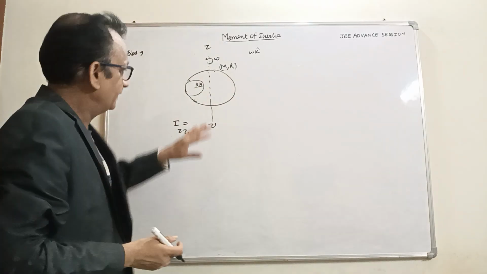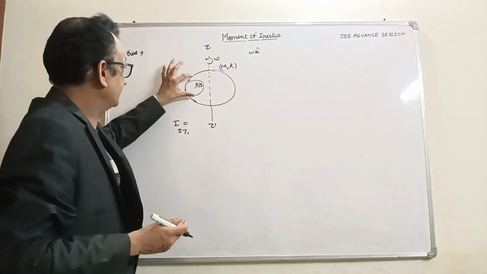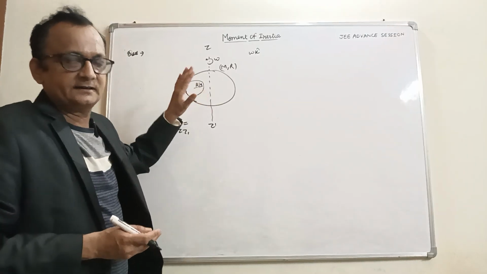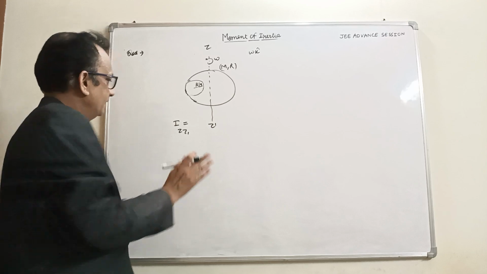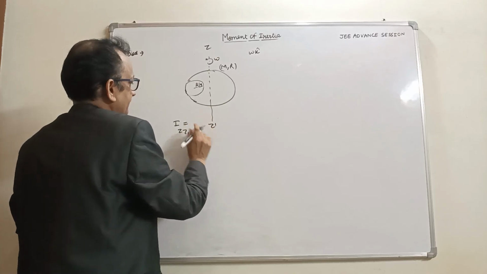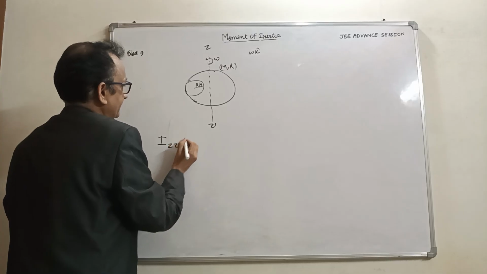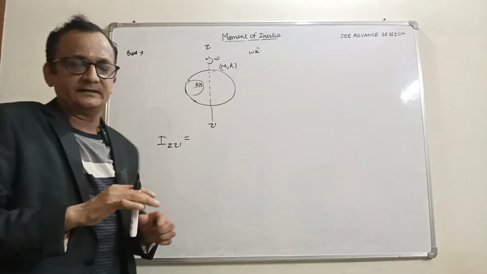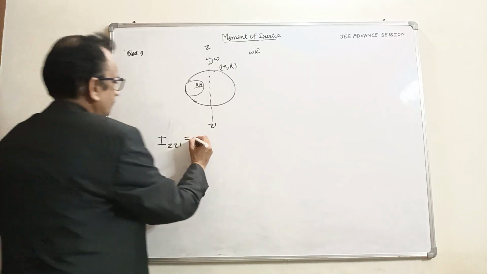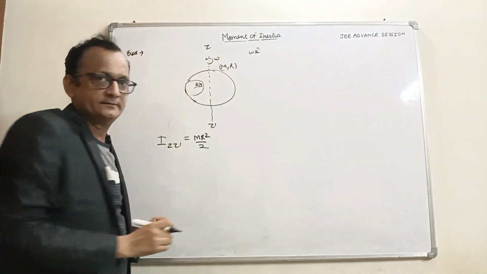When the cavity is not made, we have to write the total moment of inertia. This is a disk, so we write I z z dash. So the moment of inertia of the disk about its perpendicular axis is mr square by 2. This is the moment of inertia of the whole disk.